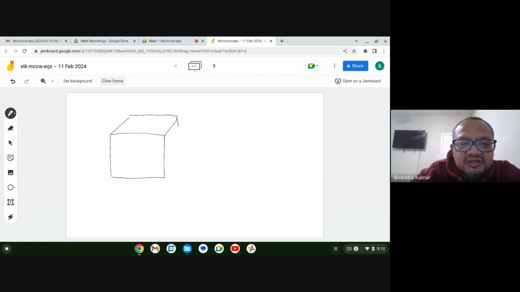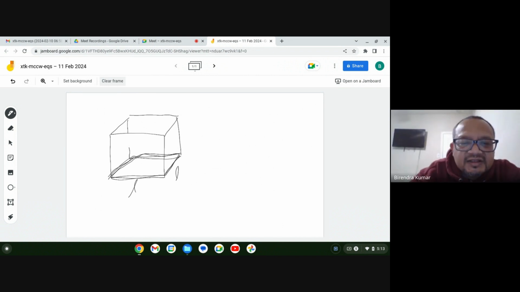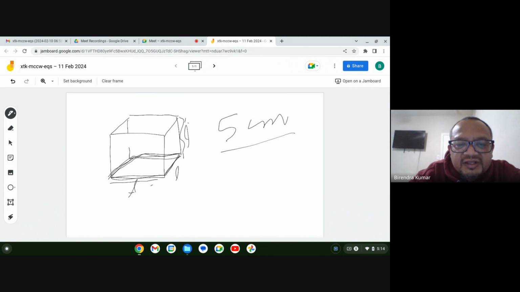A cube is something similar to the cuboid, but here the base is a square. This is the length, and interestingly the height is also the same as the length. So you can say this is all our length. If somebody says a cube of 5 centimeter side, meaning length is 5 centimeter, width is 5 centimeter, and height is also 5 centimeter.